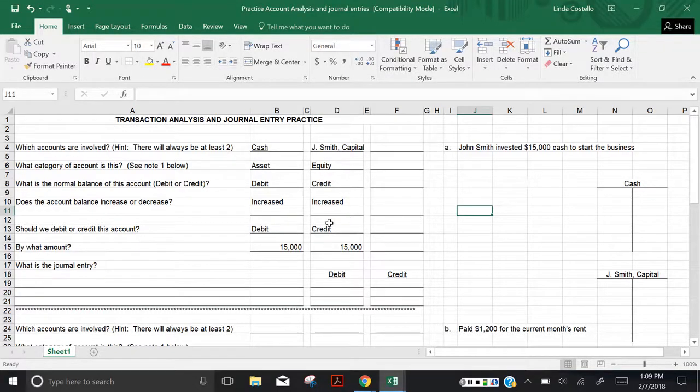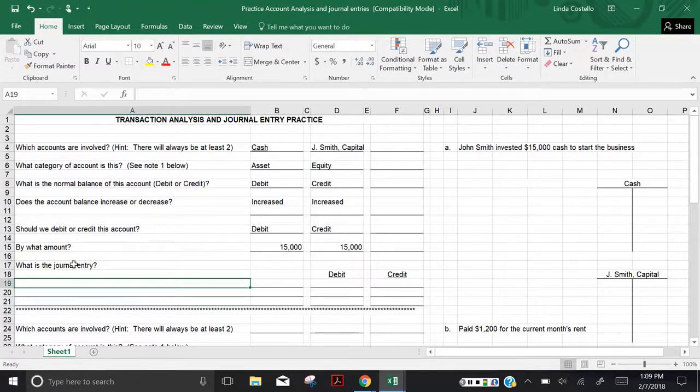What we didn't do was to write a journal entry for this. And it's very important that you learn how to write journal entries. The analysis tells us that we must debit cash for $15,000 and we must credit capital for $15,000. So the journal entry is written this way.